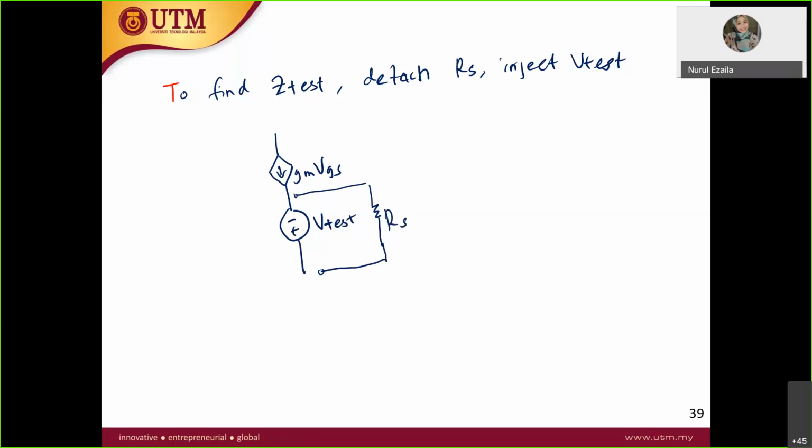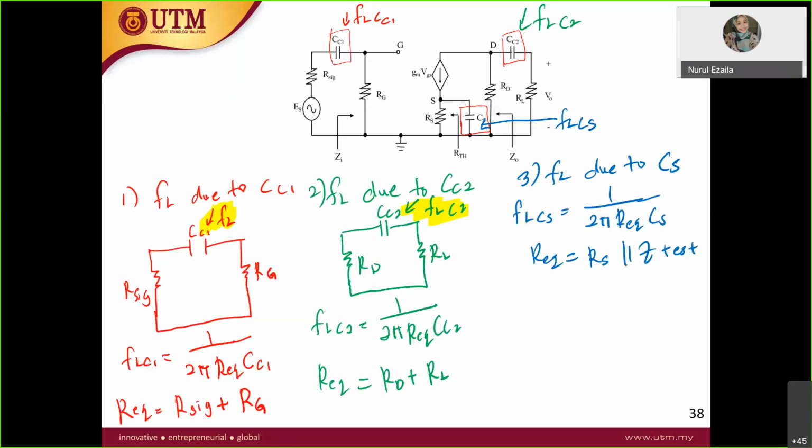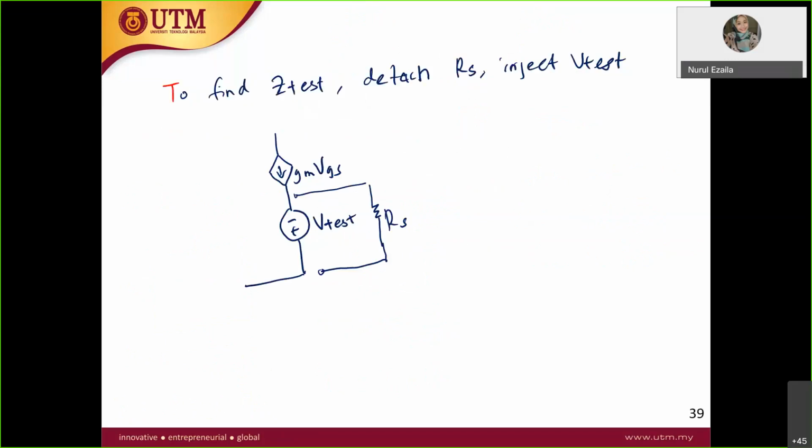At this point, where is the gate and source? Therefore this is your gate and this is your source. So this is VGS.